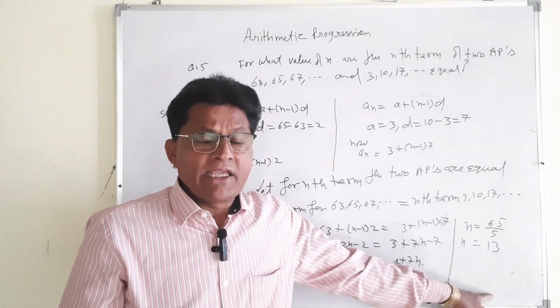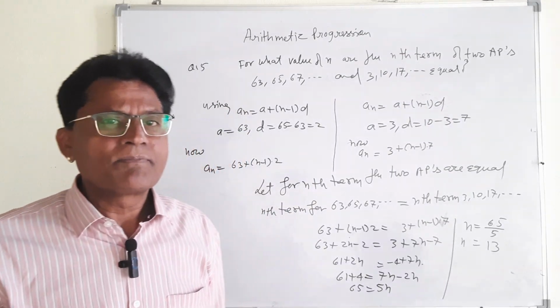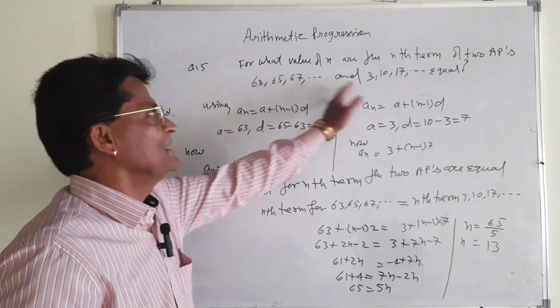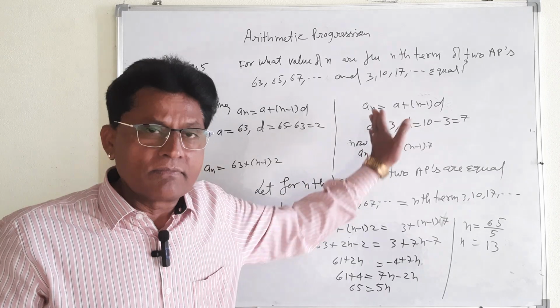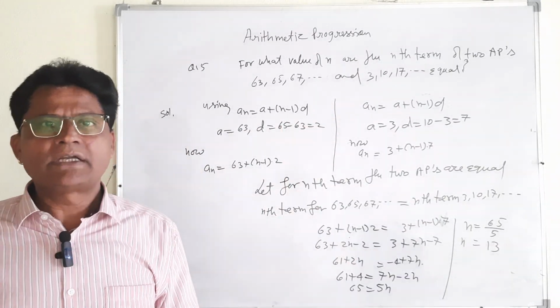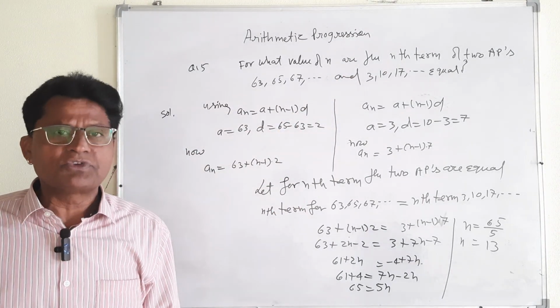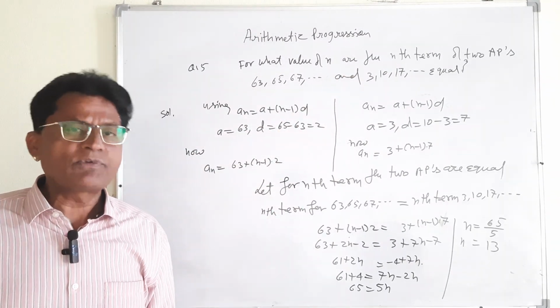Okay? If n is 13, then nth term of both the APs will be the same. 13th term will be the same. You can calculate the 13th term of this AP and this AP. That is why it is a very, very important question. You must keep it in mind.